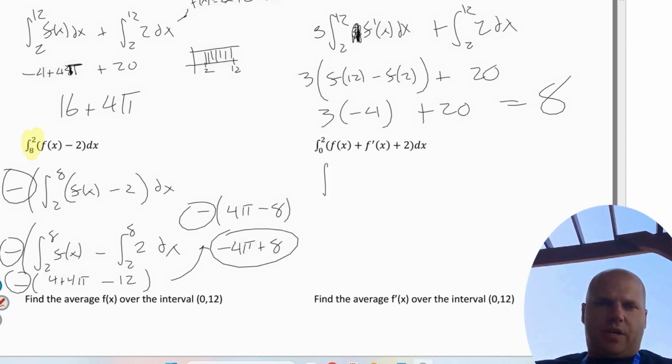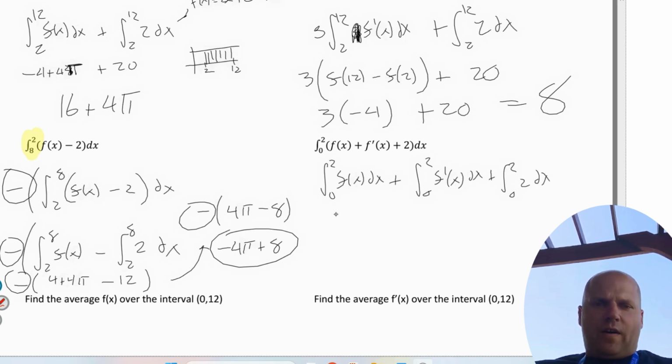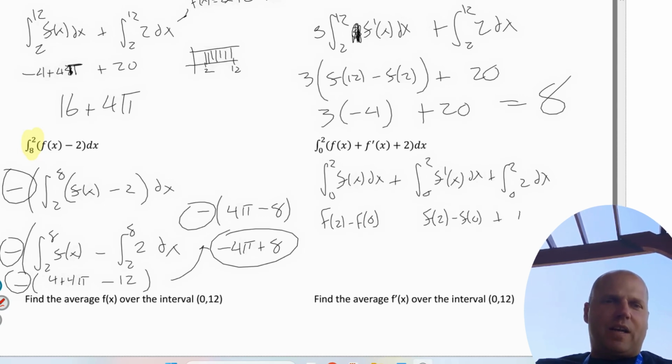It's a great question here because we could separate it. We found this using big F of 2 minus big F of 0. We find this using regular F of 2 minus regular F of 0. We find this by doing a 2 by 2 rectangle.